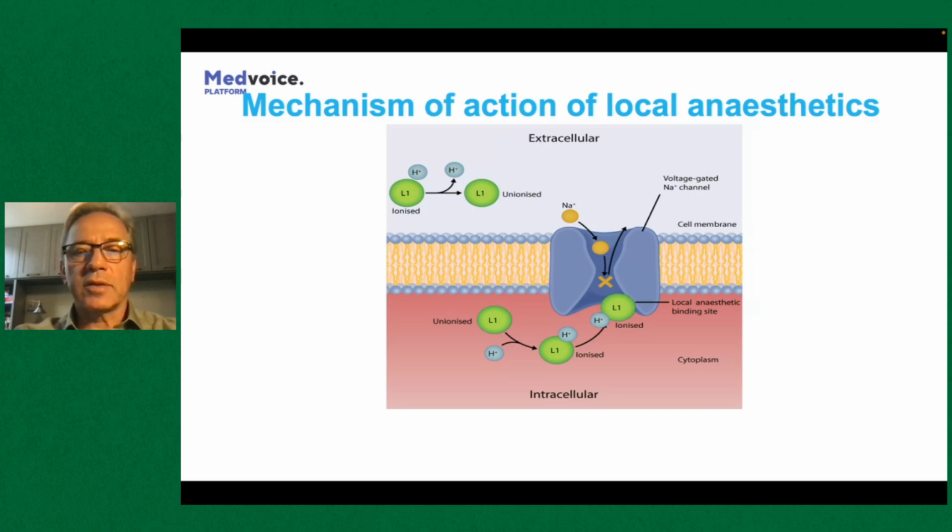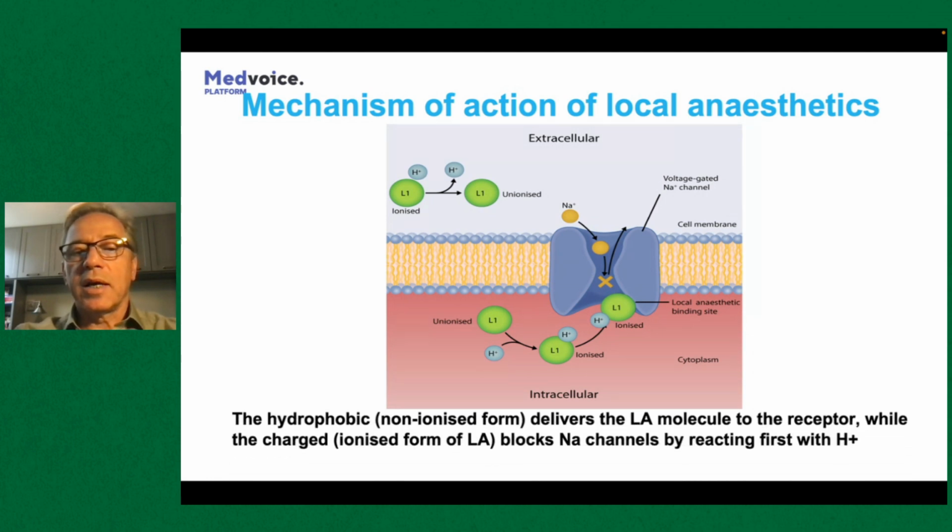It then combines with a hydrogen ion and becomes ionized, and it's this ionized form that goes into the sodium channel and blocks the voltage-gated sodium channels. So there is no propagation of the nerve impulse from that tissue. That's how the local anesthetic works.